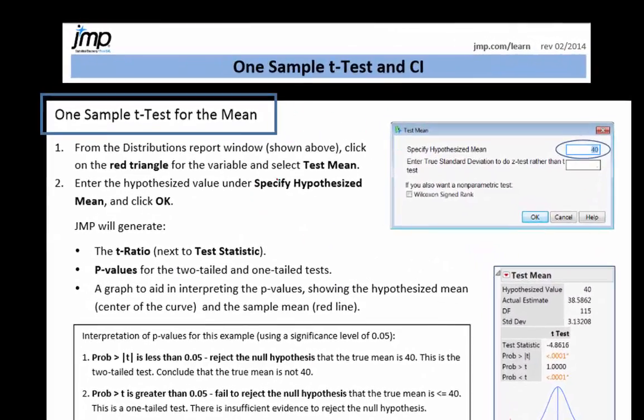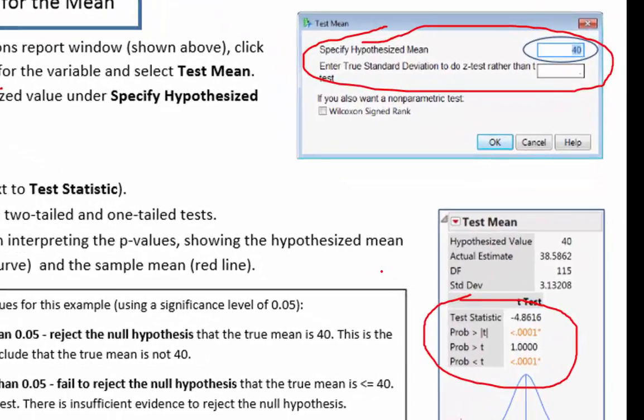From that same analyze distribution result, there's a red triangle that allows us to state our hypothesized mean, and then JMP will generate the associated statistics and p-values for that.